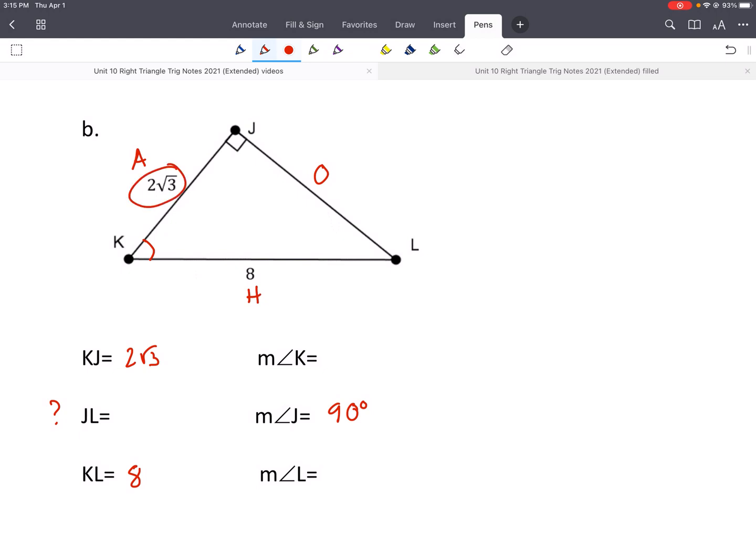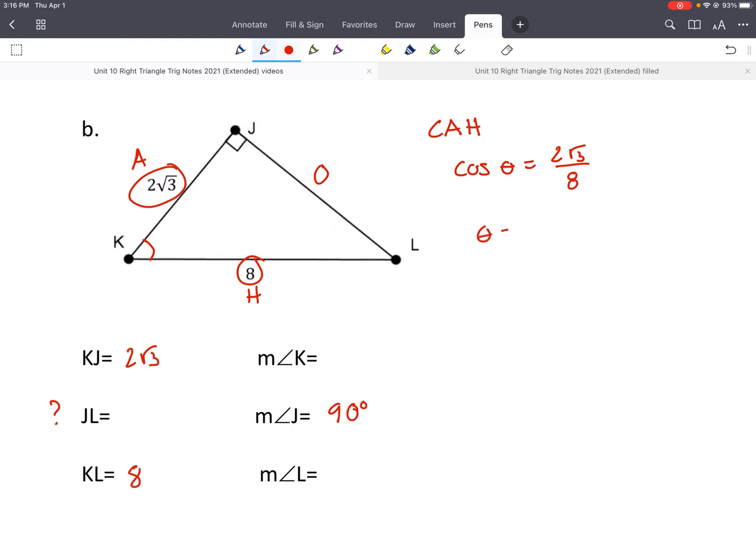So we have the adjacent and the hypotenuse, so that would be CAH, which uses cosine. So cosine of theta, or cosine of K, is equal to adjacent, 2 square roots of 3, over the hypotenuse, which is 8. Again, we need to solve for theta.